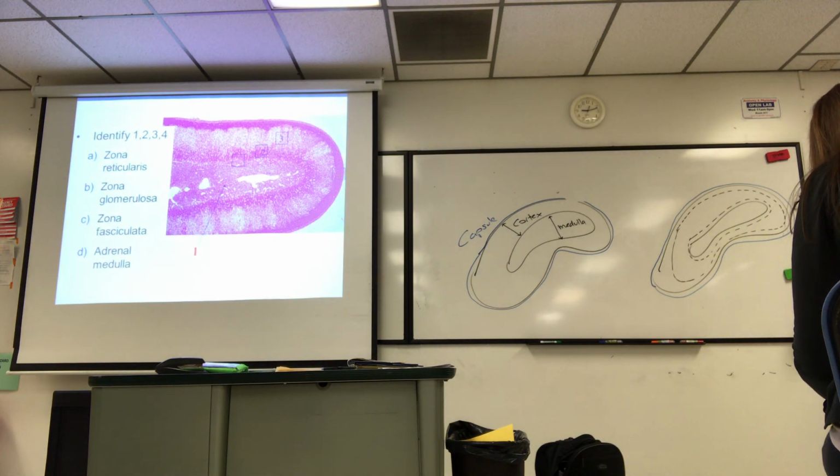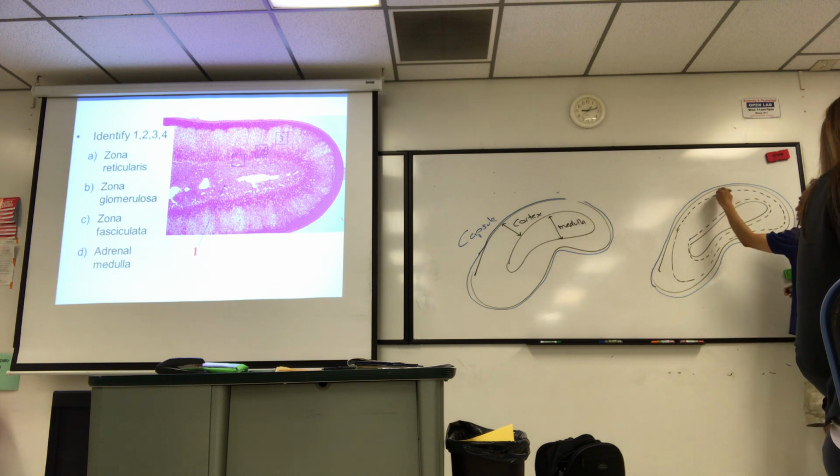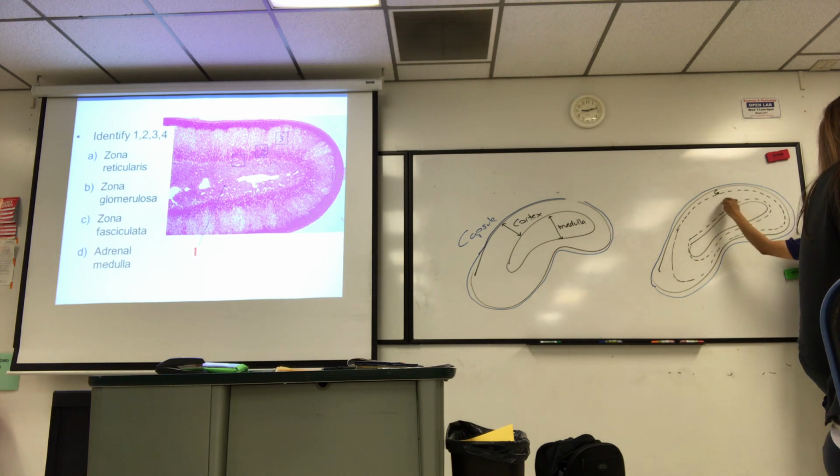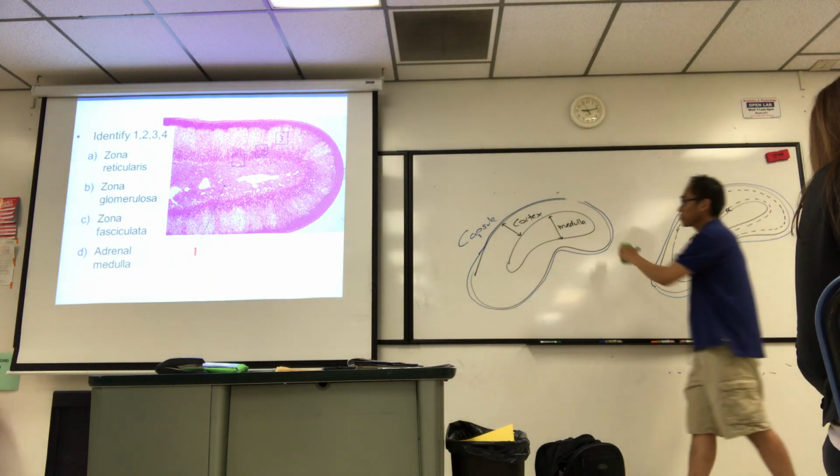So I got 3 zones all the way around just the cortex. I'm going to put a letter G at the outermost zone, an F for the broadest middle zone, and an R for the inner zone. This divides the cortex into 3 zones, and each zone secretes a different corticosteroid for long-term stress response.